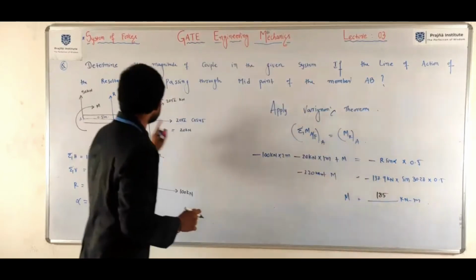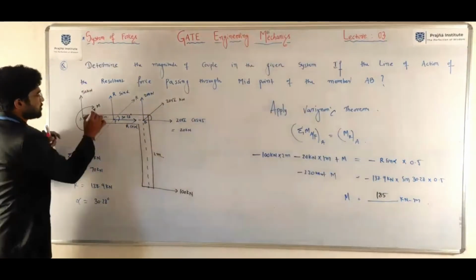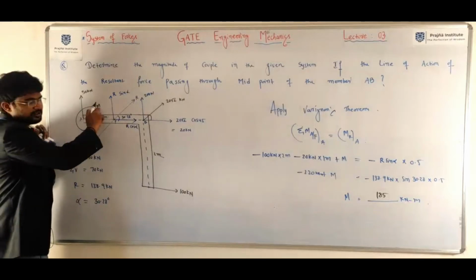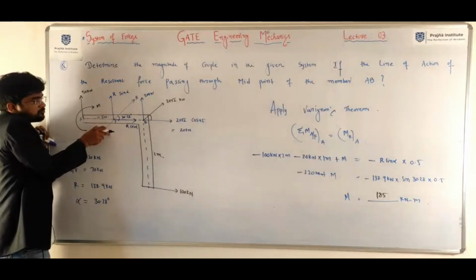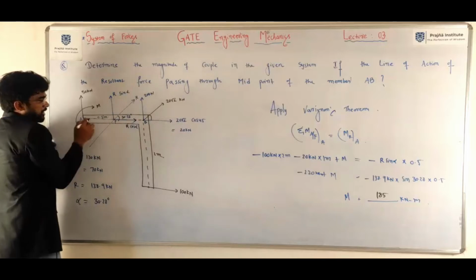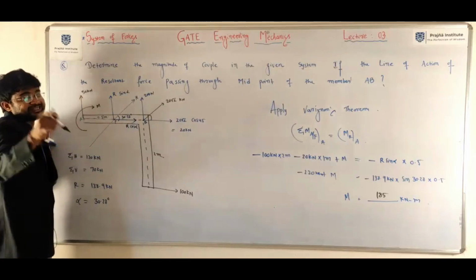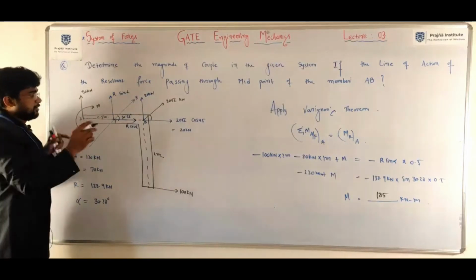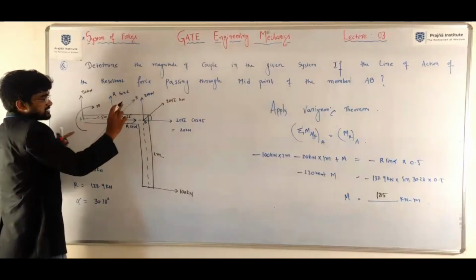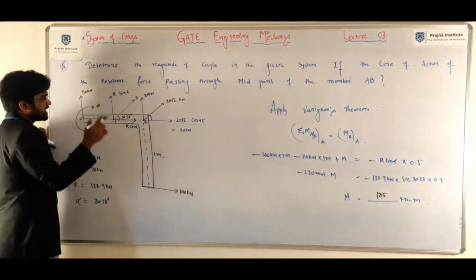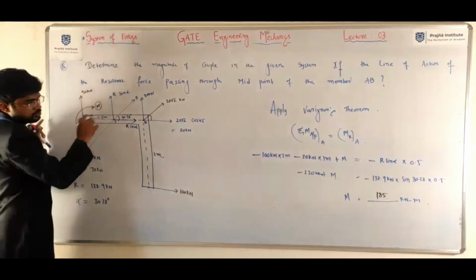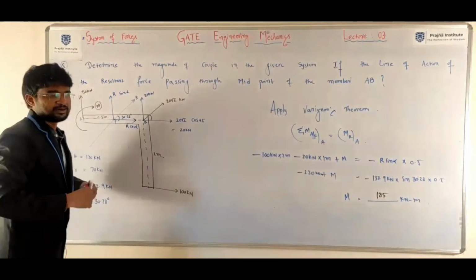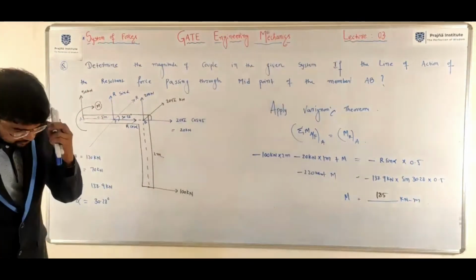It is the last question only. If you keep M equal to 185, the line of action of the resultant force passes through the midpoint of AB, which you got in the last question. If I put the line of action of the resultant force here, then he asks you to calculate M. You should get 185, the reverse of the last question.